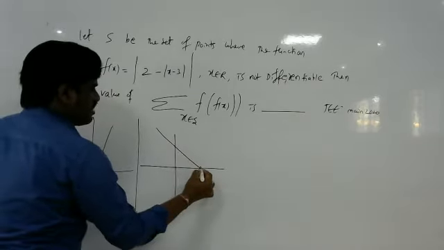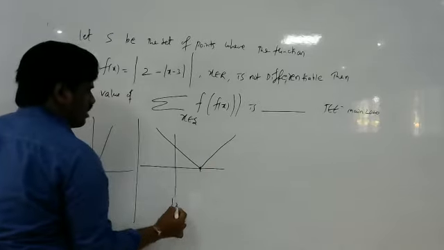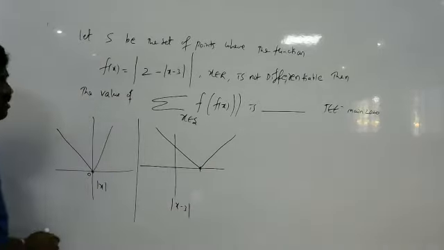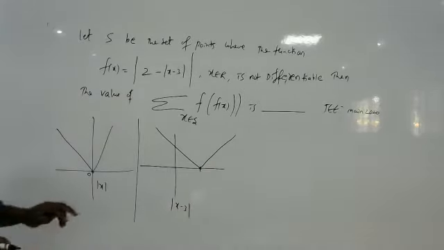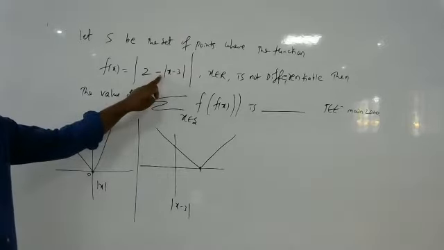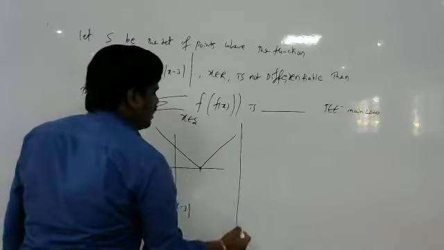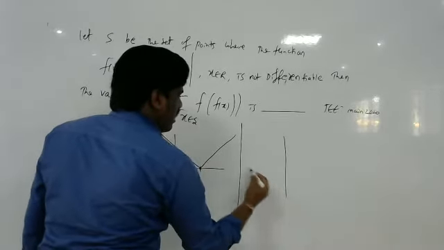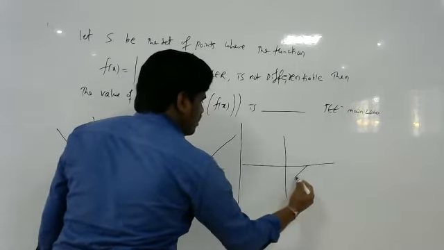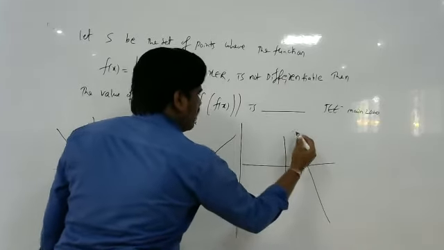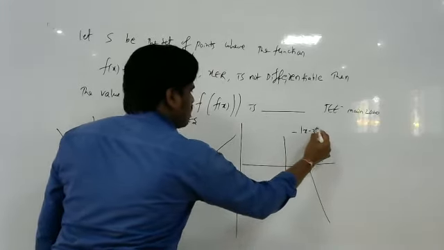This is called the graph of mod x minus 3. But that is subtracted, negative. Negative means which side? Downside. So I'll get the same graph like this when I say minus mod of x minus 3.